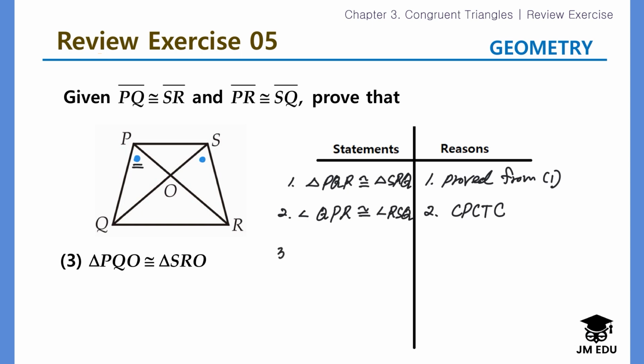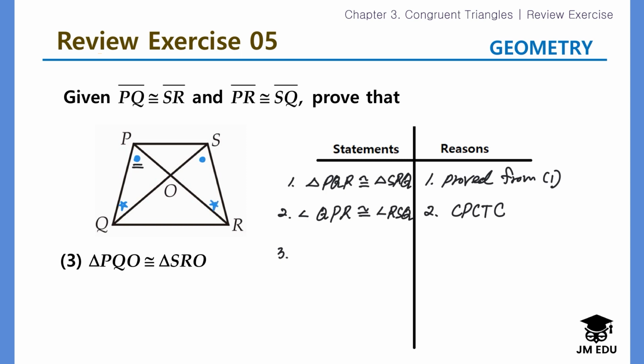Number 3, we also proved that this triangle right here is congruent to this triangle right here, right? Then by CPCTC again, we can say that this angle right here and this angle right here are also congruent.